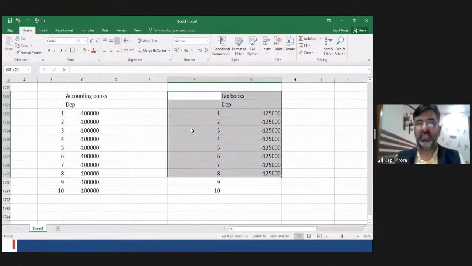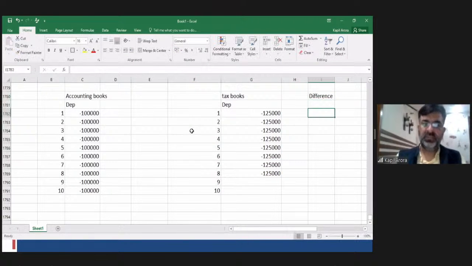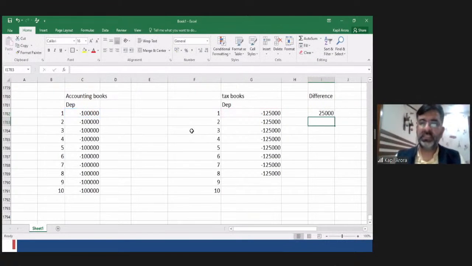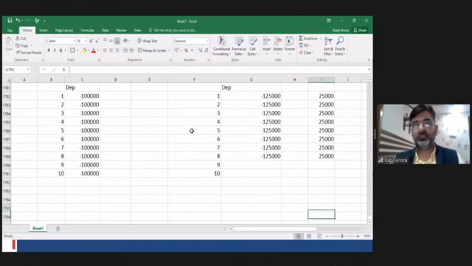If this is the case, what are the differences we have? The difference between the accounting depreciation and the tax depreciation would be 25,000 in year 1, 25,000 in year 2, 3, 4, 5, 6, 7, and 8. What would be the difference in year 9?